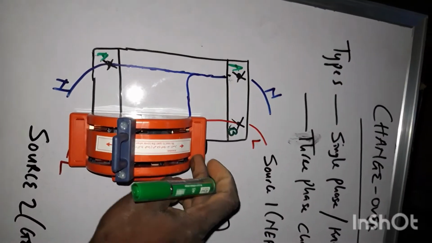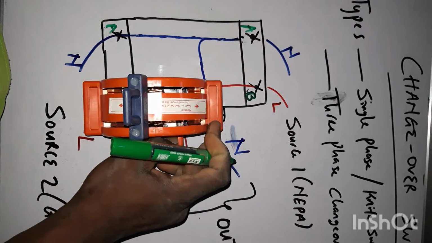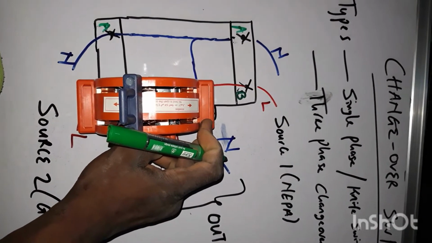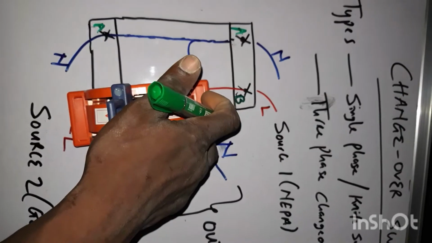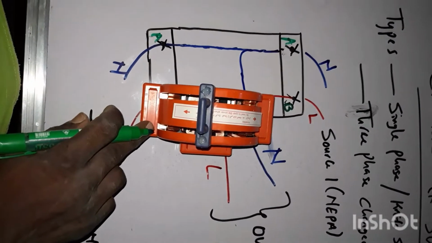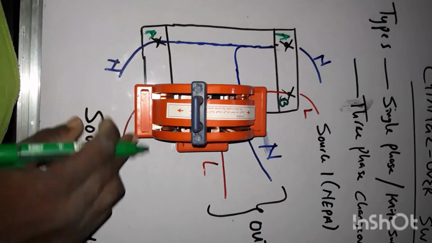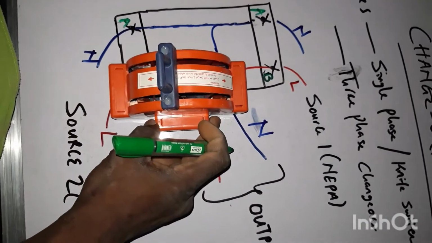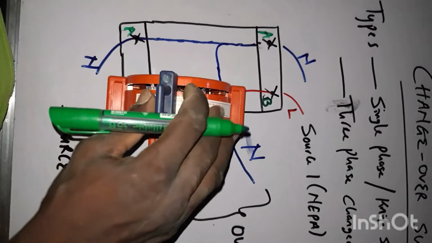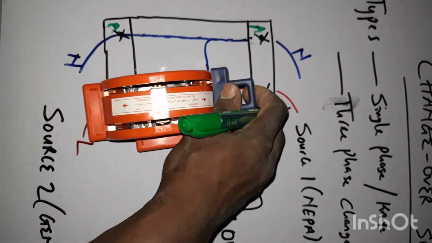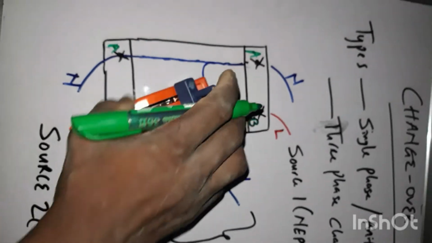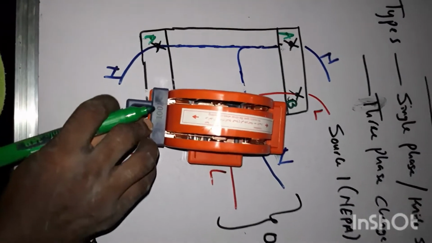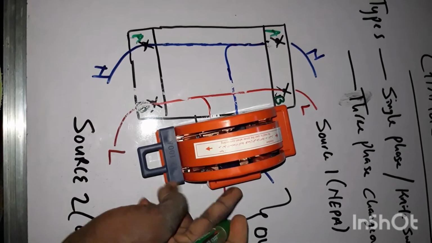So here is the first terminal, the first source. Probably your NEPA should be connected to one side, and the other side should be connected to your generator. And this side is your output, your load. So whatever you choose to switch to, either your NEPA or your generator, is going to supply towards this side.